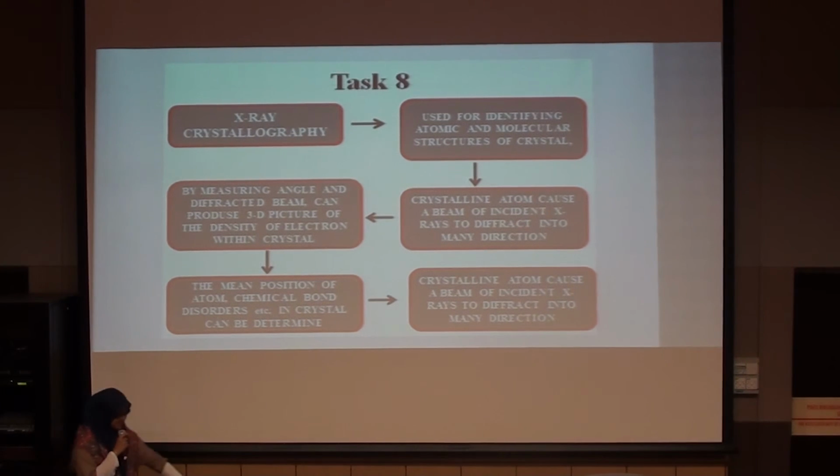Okay, next is task 8. What are the methods used to obtain the loss in activity? So our group chose X-ray crystallography because by using this we can obtain a 3D structure of the protein.